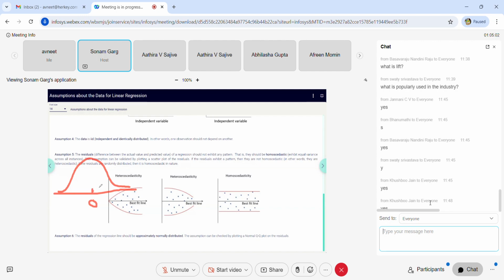So your errors may lie till here, probably, based on deviations, how far they deviate from this, but they should be closer to the mean values. It should be normally distributed towards both the ends. What if it is unequally distributed? Maybe it is skewed towards this side or towards the right side. At that time we can say the data is not normally distributed.